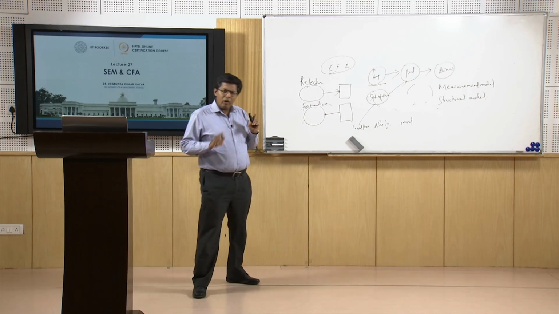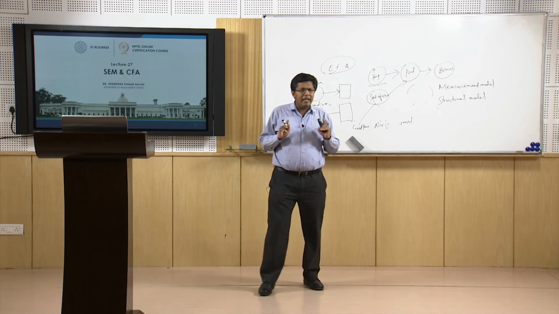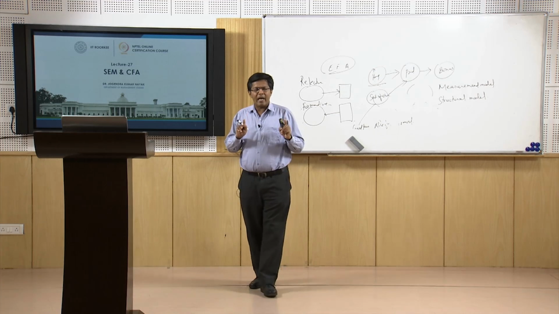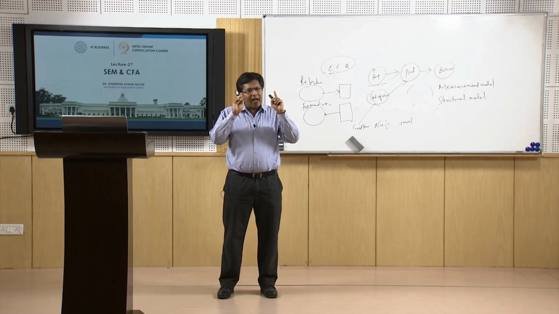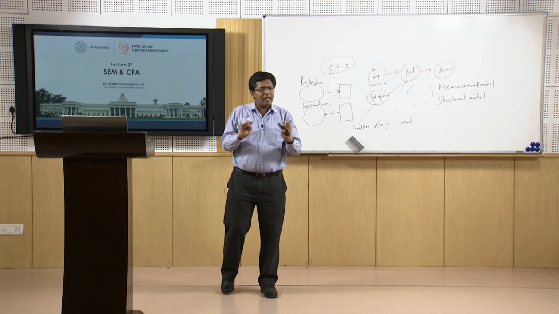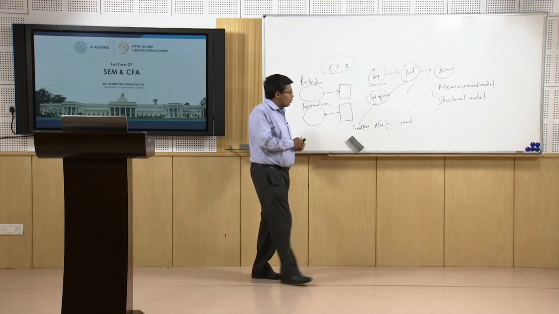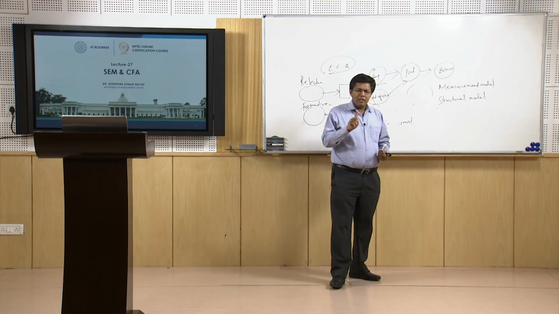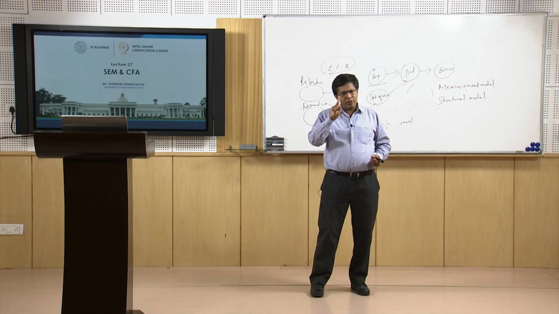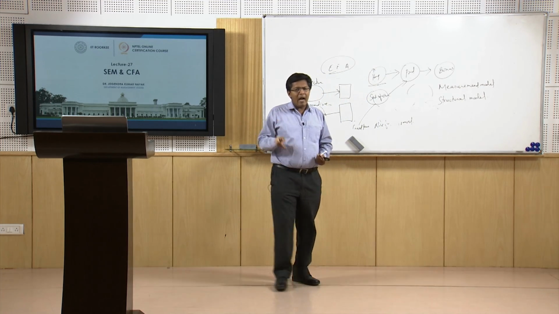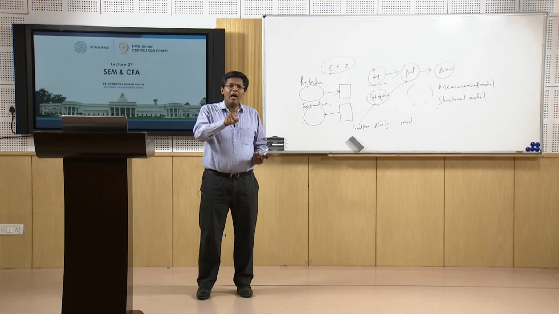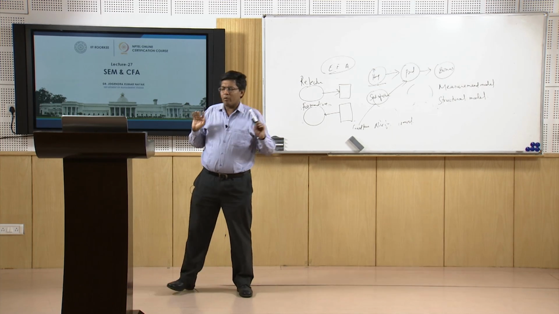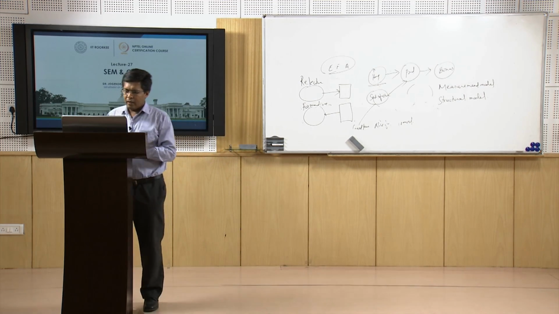In the measurement model the only intention lies in establishing a fact that the variables identified are actually measuring the construct, that is all. So, in the measurement model we say that the variables are actually measuring the construct, and in the structural model we say that there is a relationship and we are trying to find that relationship among the constructs.